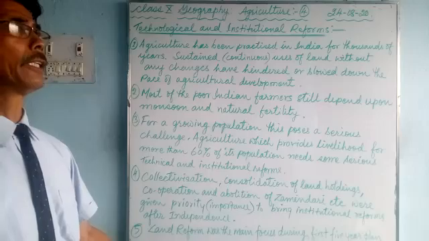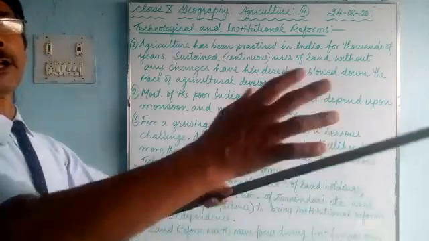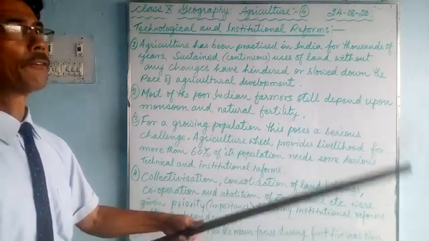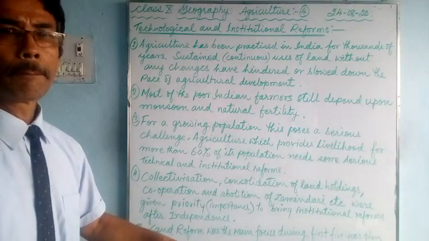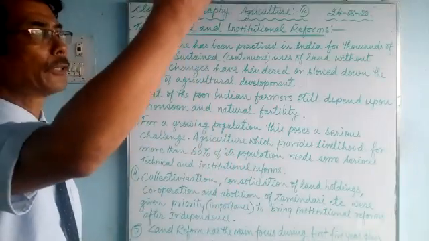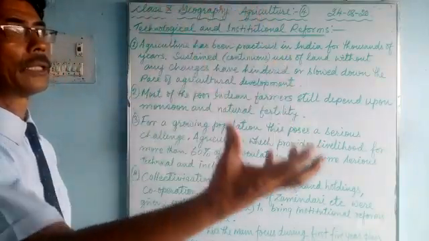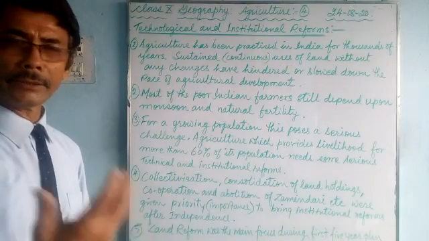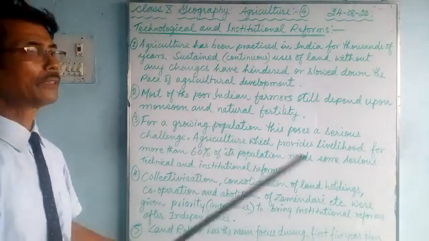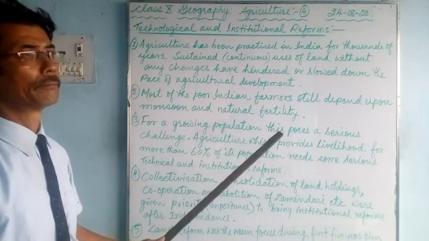Natural fertility means if the land is left fallow, uncultivated for 5-6 years, slowly the fertility will be restored due to rain. The rain brings the nitrogen, and the fertility of the soil slowly increases. That is the natural fertility method.